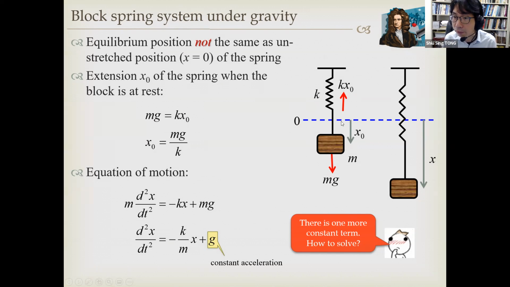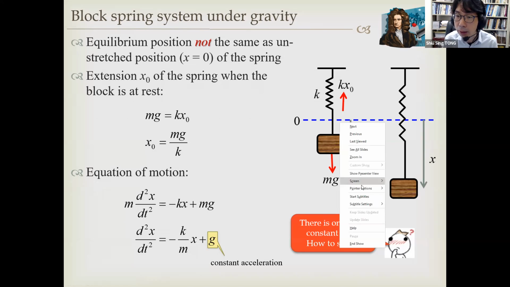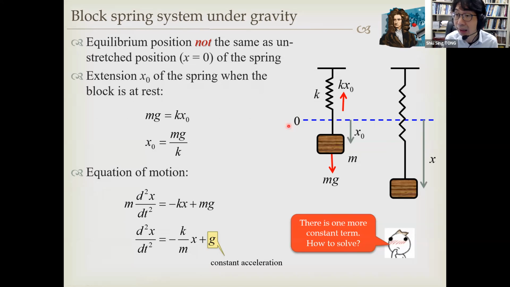The level indicated by a blue line is the unstretched position of the spring. When the mass is at this position, the spring is unstretched, so the force due to the spring is 0. This is the position which we call x equal to 0, the extension equal to 0.